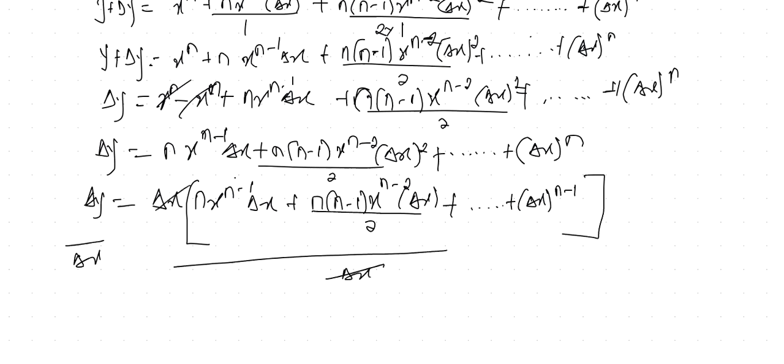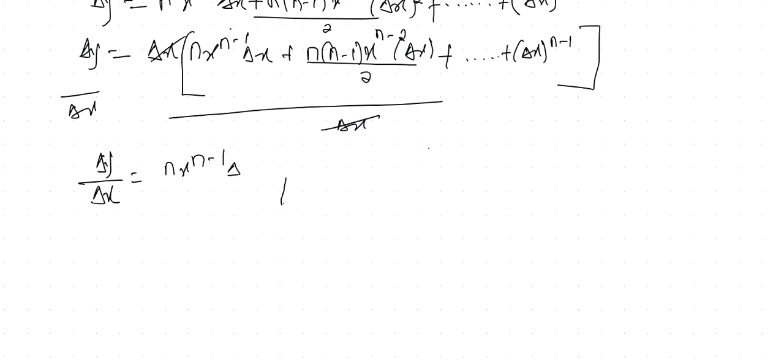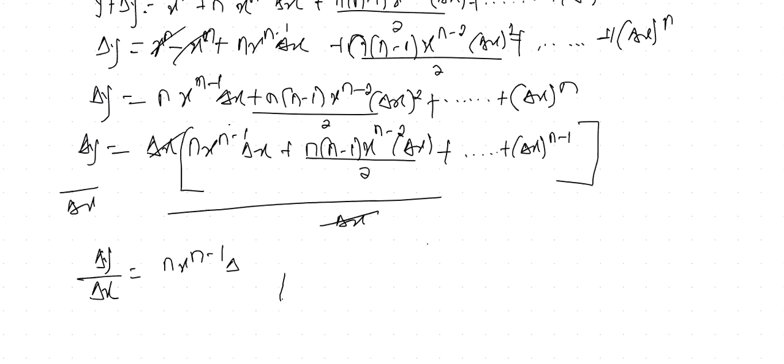Okay, so at this point, we will take the limit. Changing y over changing x will be equal to n x^(n-1). Something is wrong here. Oh, sorry. Since we have factorized, this will no longer be here.